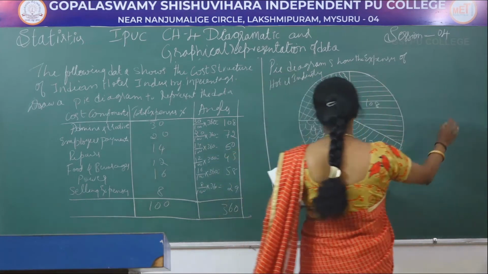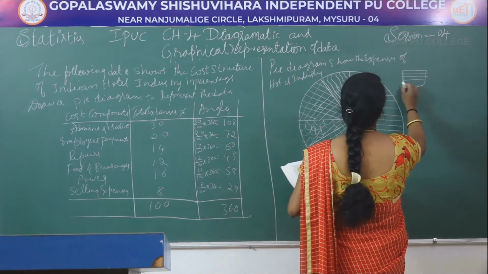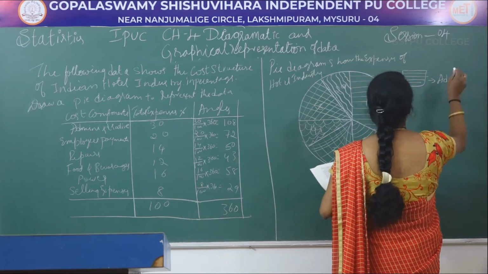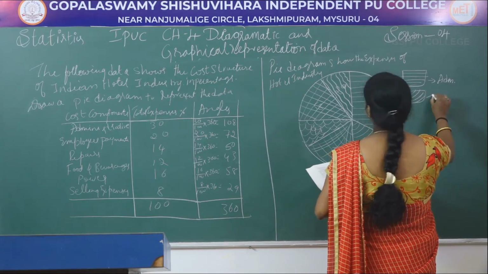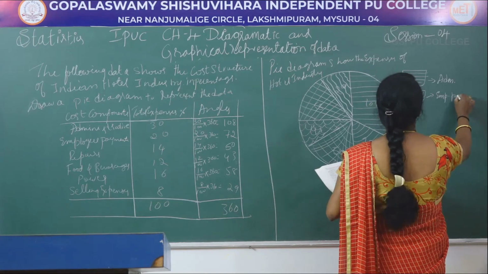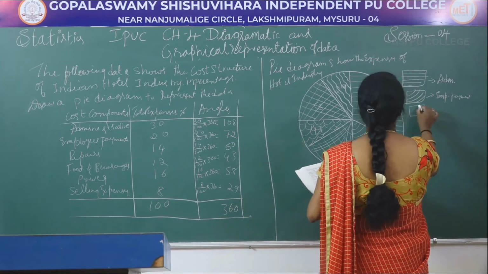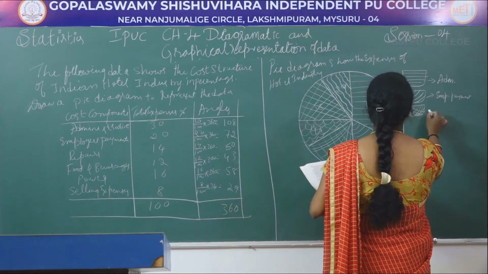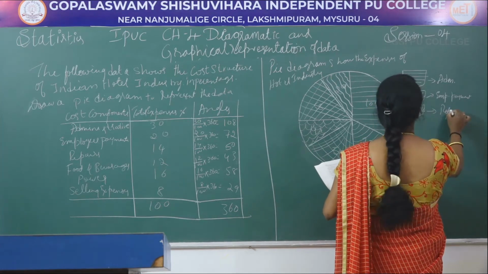Next I should write the index. First one, 108, is like this. This is administration. Next, this is employees payment. And next, this is repairs.